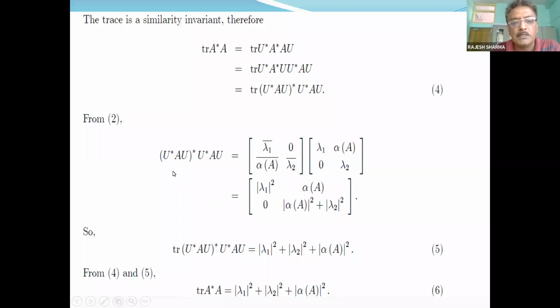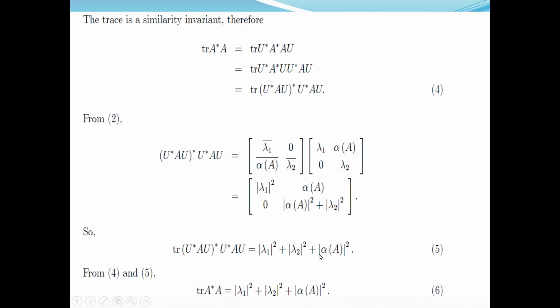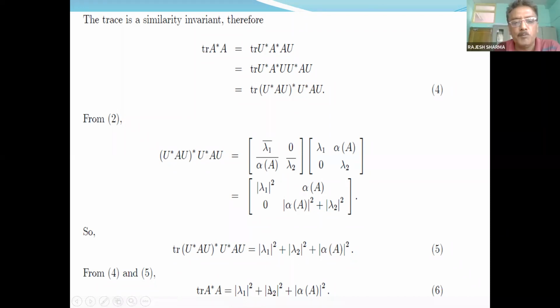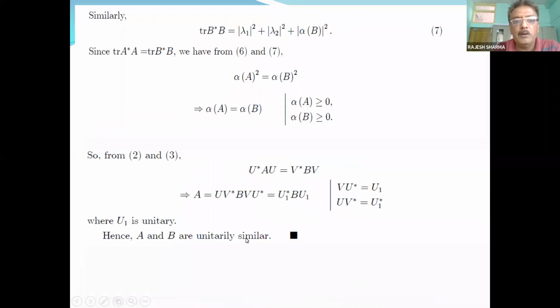So trace of this matrix is mod lambda 1 square plus mod lambda 2 square plus mod alpha A square. Therefore this trace A star A is mod lambda 1 square plus mod lambda 2 square plus mod alpha A square. Similarly, we can do the same for trace B star B, which comes out to be mod lambda 1 square plus mod lambda 2 square plus mod alpha B square.